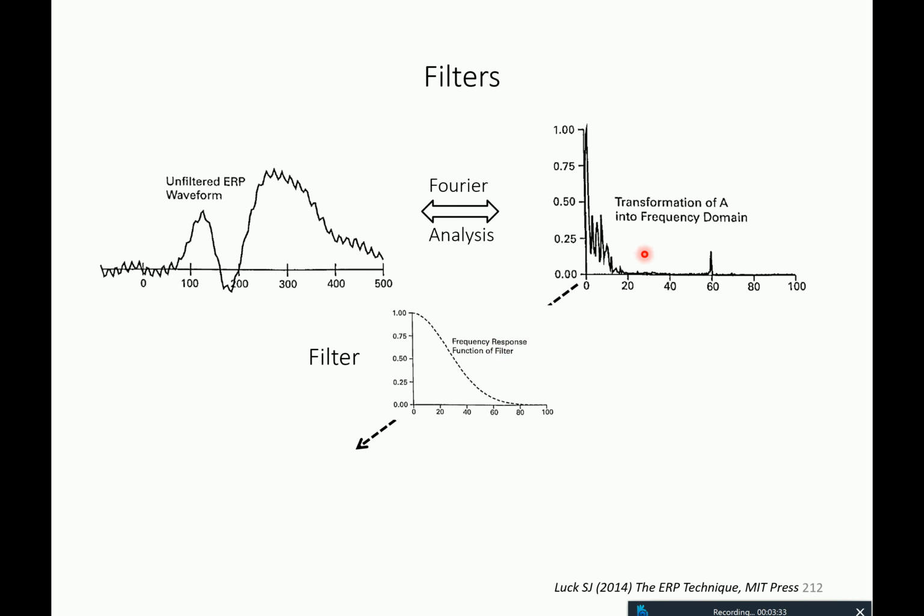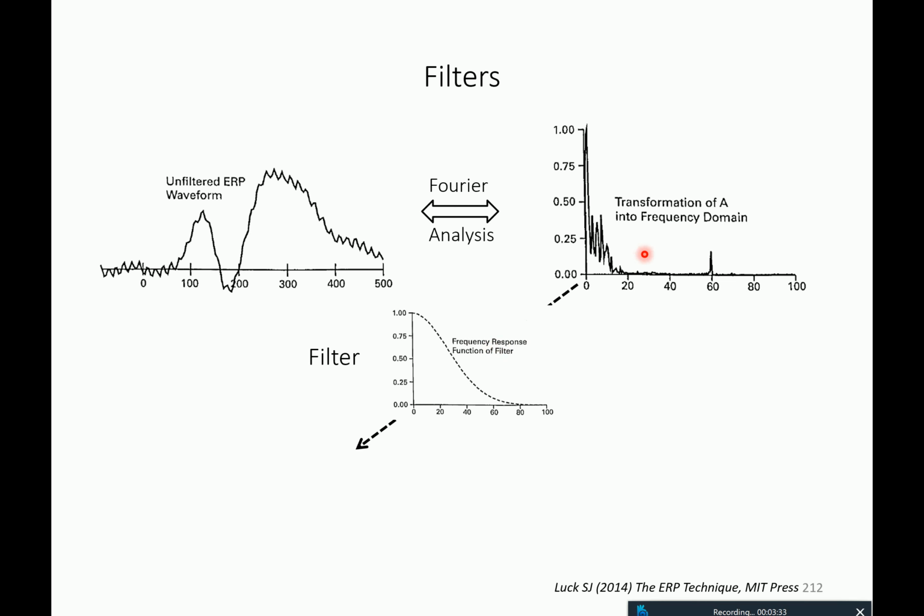You essentially multiply the low frequency weights with relatively high numbers, and you suppress higher frequencies by multiplying higher frequency weights with lower numbers. So that's one way to think about filters.